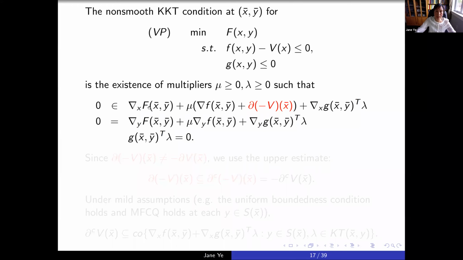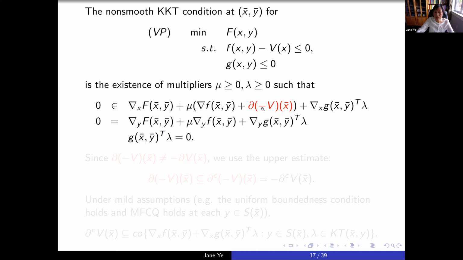Because this is a subdifferential, maybe a set, not a singleton, all you need to do is replace equality by inclusion. Then this is the Lagrangian, because you have these two constraints. Here mu is the multiplier for this, and lambda is the multiplier for this. So basically this is just a KKT condition, but with the limiting subdifferential.